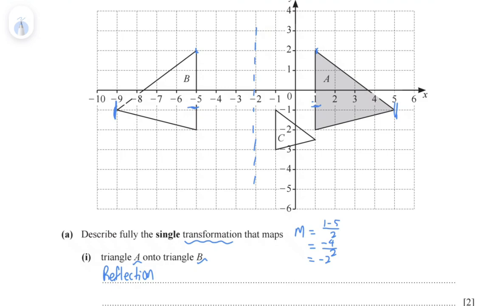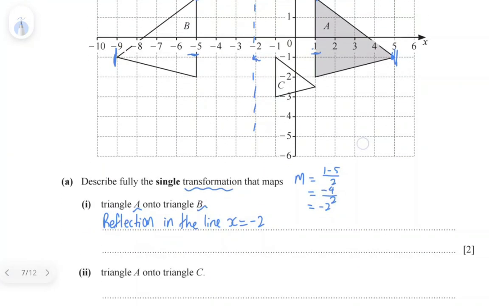We can tell that the distance between the two, 1, 2, 3, 1, 2, 3, is equal, showing that this is a reflection in the line x equals -2. As we can see, that is equidistant, the same distance from the line of reflection.